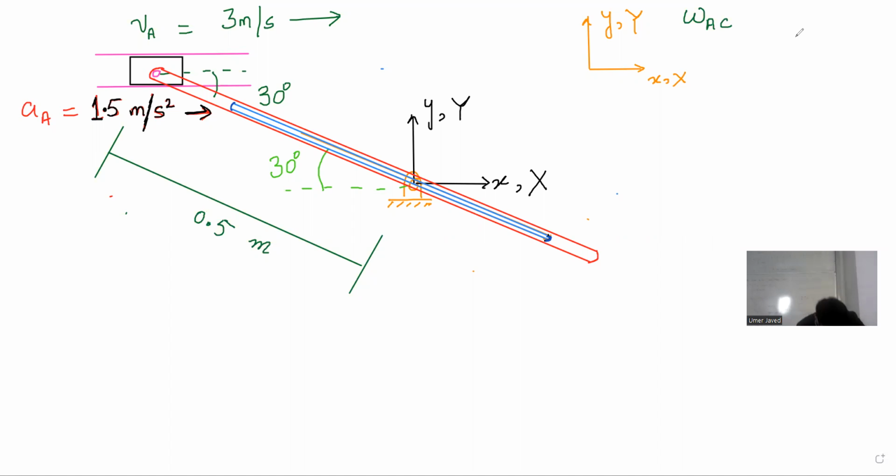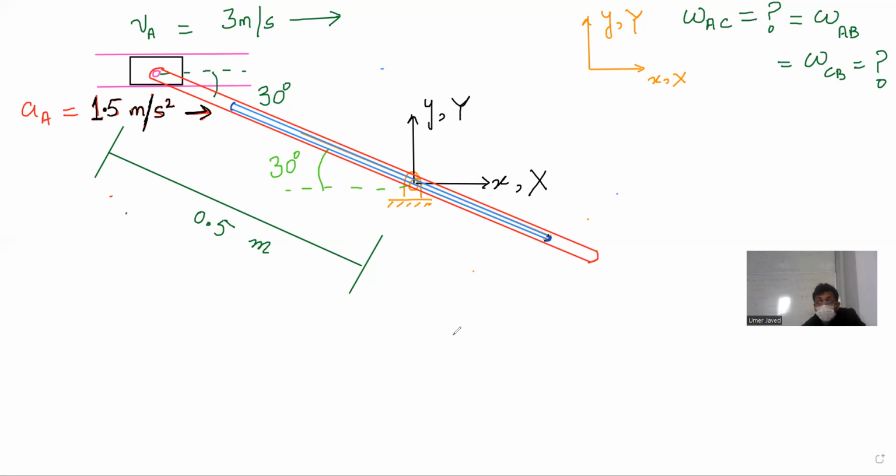So, omega AC equal to question mark, omega AB equal to question mark, AC equal to AB equal to omega CB equal to question mark.